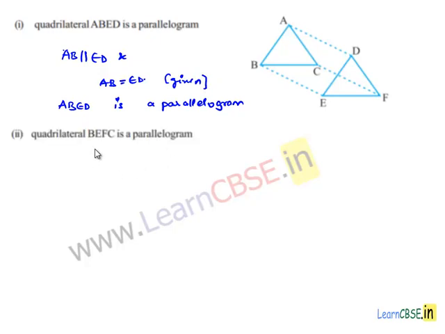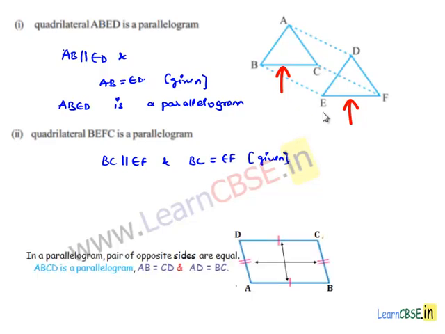In the second thing, we are asked to prove that quadrilateral BEFC is a parallelogram. Here it is given that BC is parallel to EF and also BC is equal to EF. So as the opposite sides are parallel and equal, we can say BEFC is also a parallelogram.